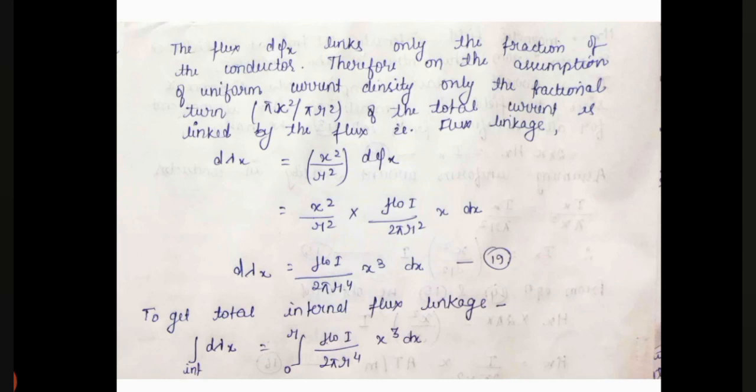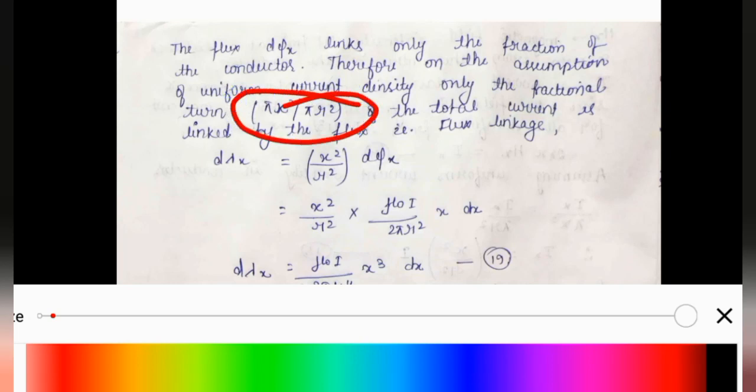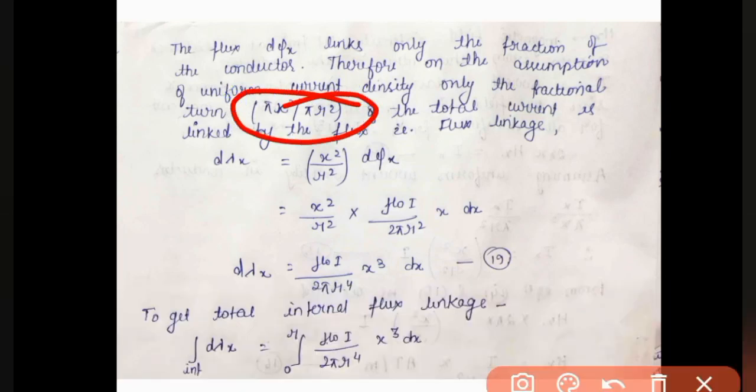Okay, here what is the fraction, here it is pi x square upon pi r square, this is the fraction.